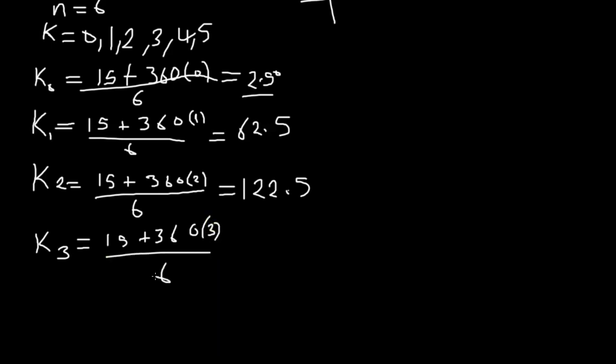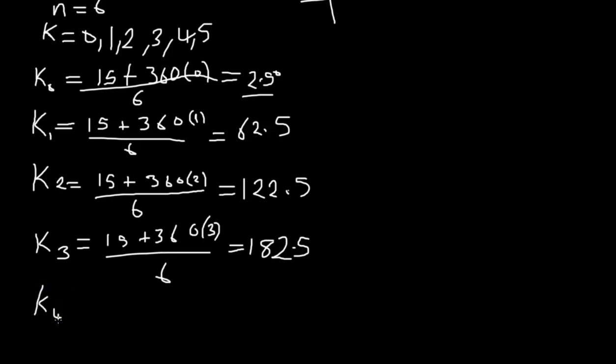So 360 times 3, you get 1080, and then you add it with 15, you get 1095. Divide by 6, you get 182.5. 182.5, that's going to be your answer. Then you find your K4.